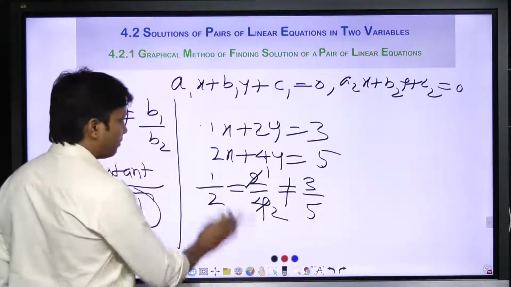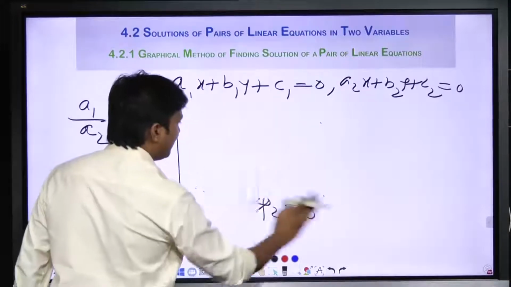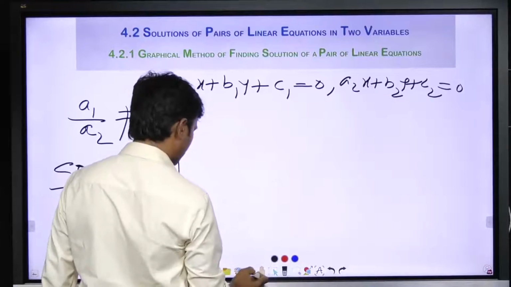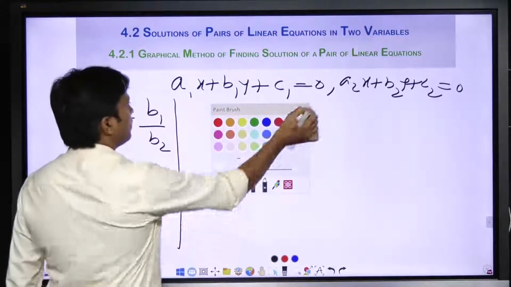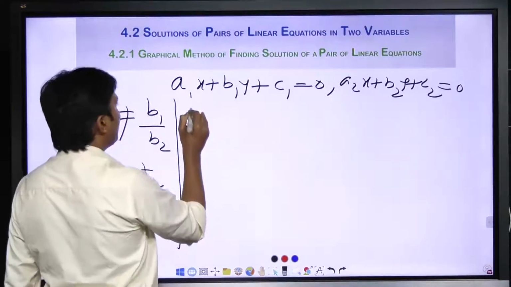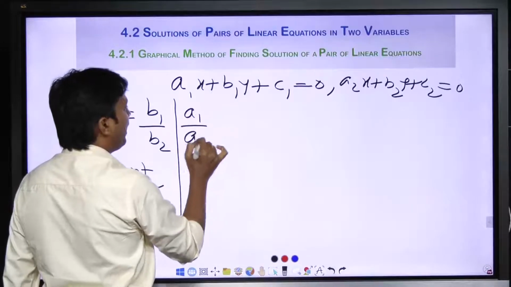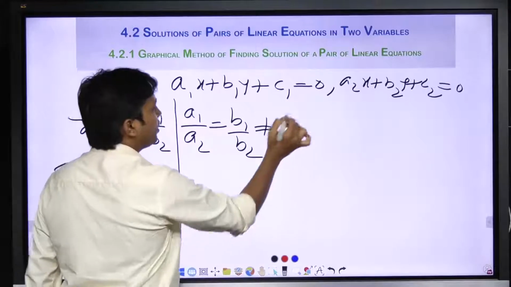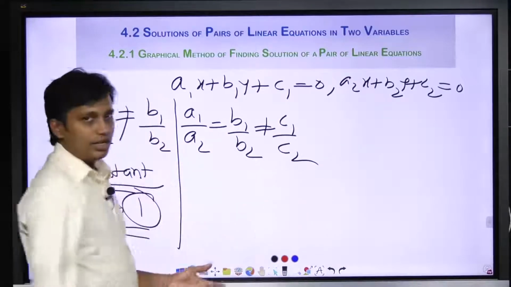Got it? So let's write down the conditions. Here if a1 upon a2 is equal to b1 upon b2, which is not equal to c1 upon c2, got it or not?